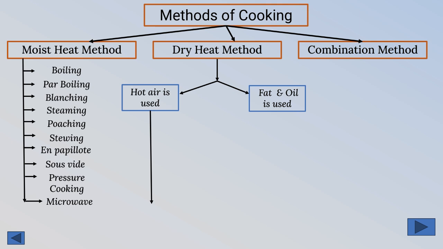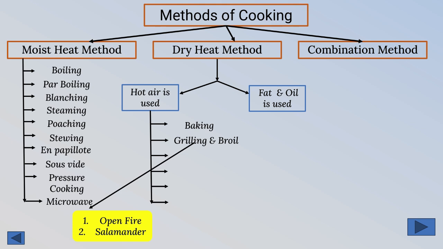Under the category where hot air is used, we have firstly baking, then grilling and broiling. Grilling has two different kinds of grilling process: open fire grilling and salamander grilling. Then we will discuss barbecue, and roasting.